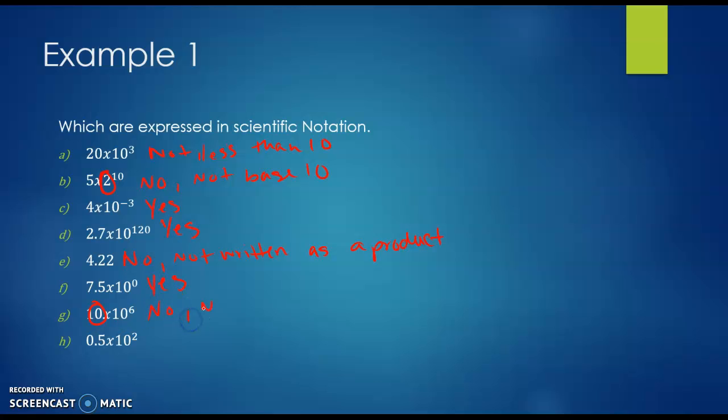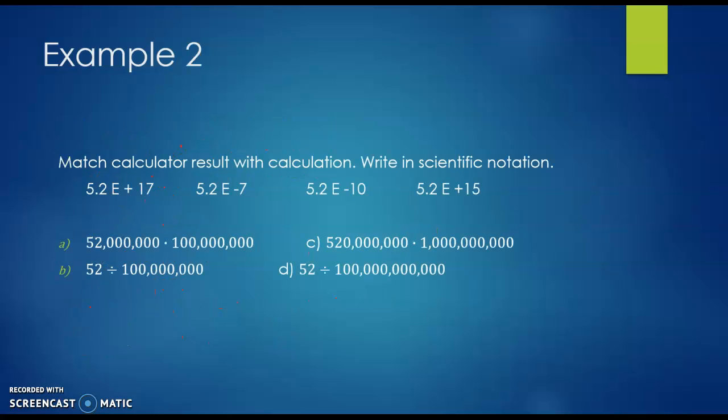And the bottom one, again, is a no, because it is not greater than 1. I love that I'll write less than out, but I want to use an inequality for the word greater. Anyway, moving on. But that's what we're looking for. We're just looking for, is it a product? Is it between 1 and 9? And is it a power of 10?